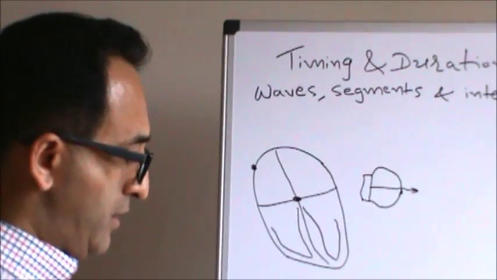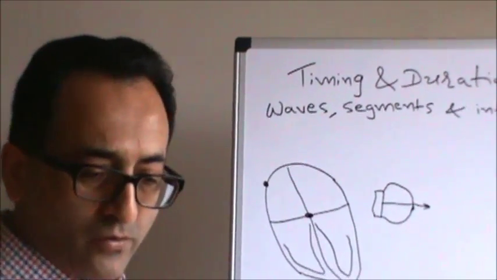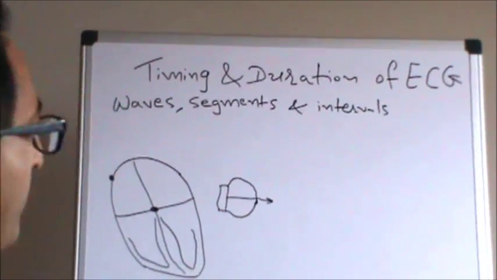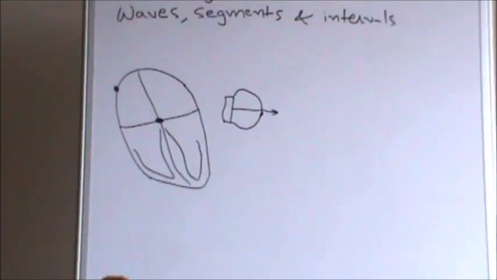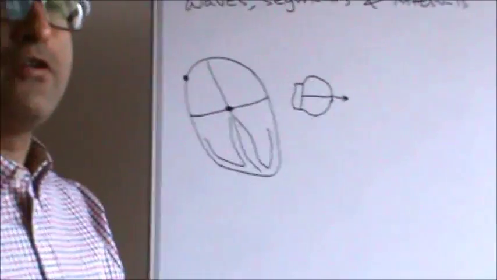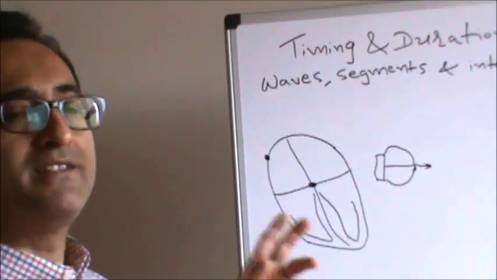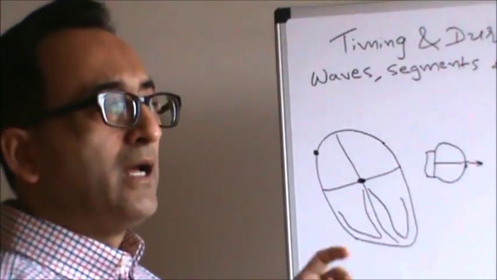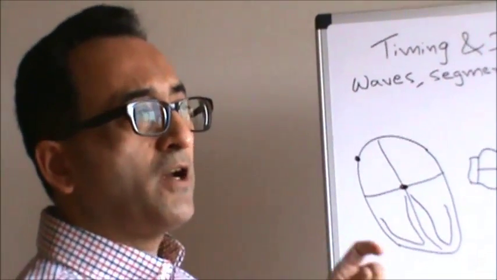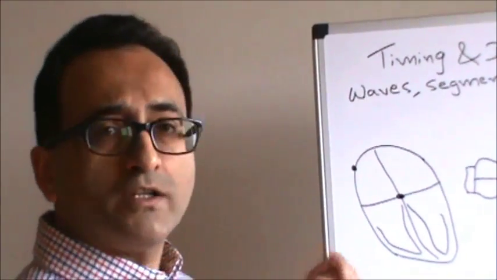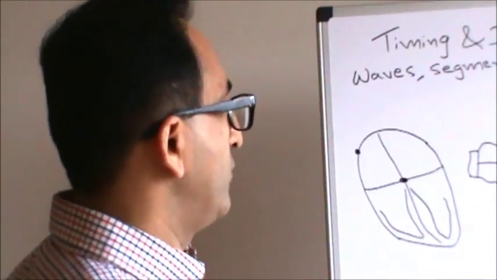So let me draw. I know this is an intro session. Those of you who have carefully seen the ECG paper know it is a calibrated paper, and if you look carefully, it will have horizontal and vertical lines like this.